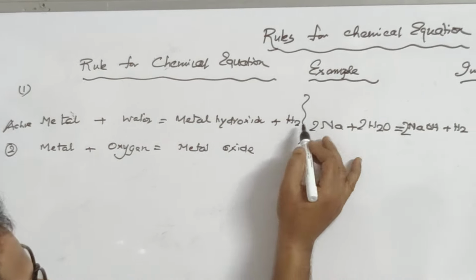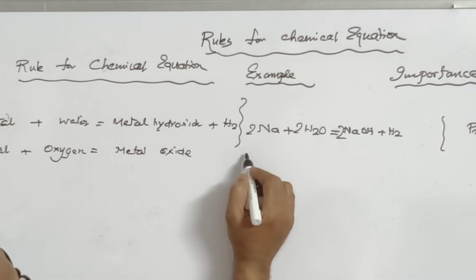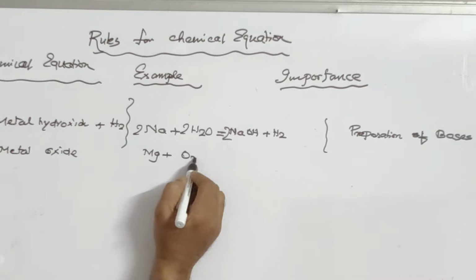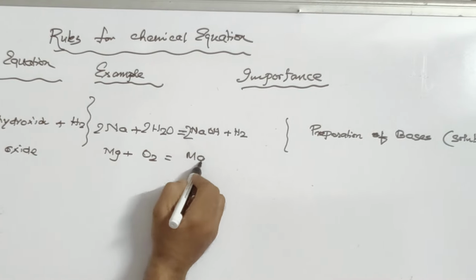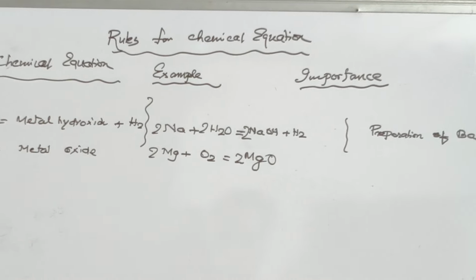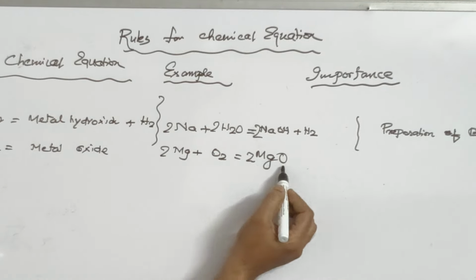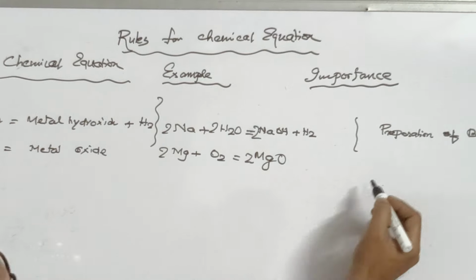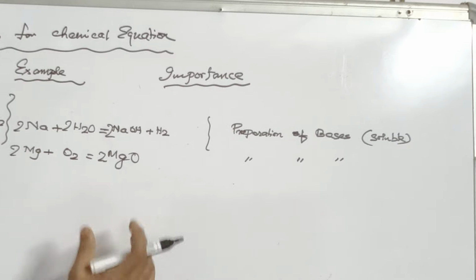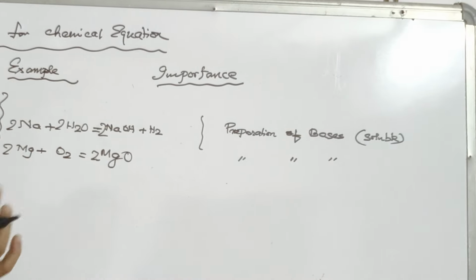Now, example for this particular reaction, let us consider magnesium burning in oxygen, it forms magnesium oxide, okay. Now in this reaction you see magnesium oxide, this is a base. So again we can use this reaction when you want to write the preparation of a base using a metal, right?